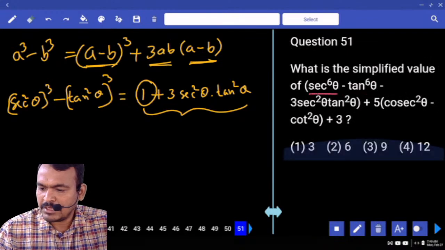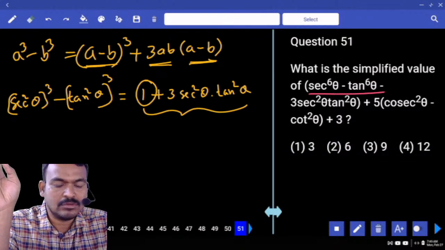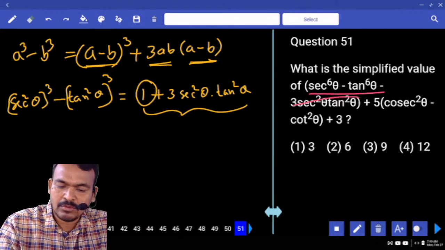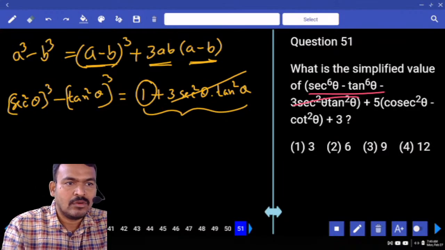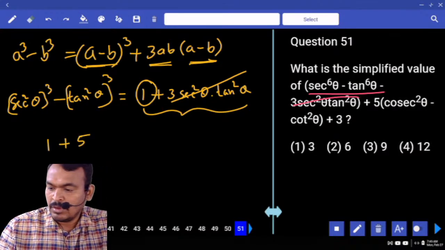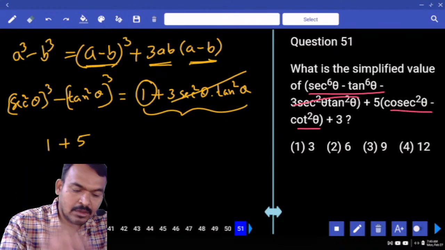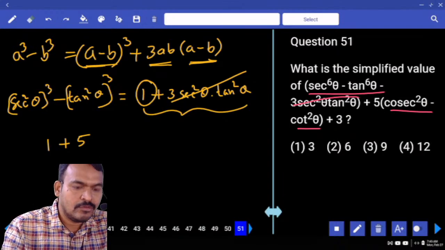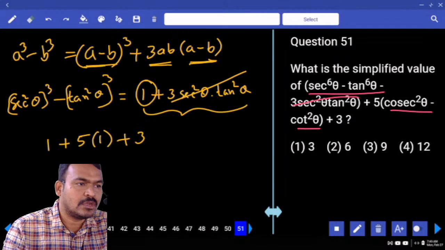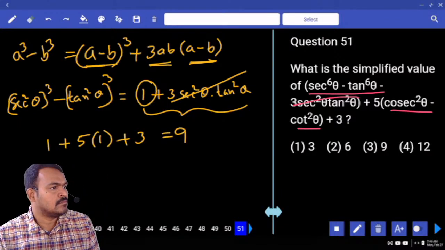In place of these terms we substitute 1 plus 3 sec²θ tan²θ. The negative and positive values cancel. What is remaining? 1 plus 5 into cosec²θ − cot²θ, which is 5 into 1. 5 plus 3, what is the total? 9, or 9.